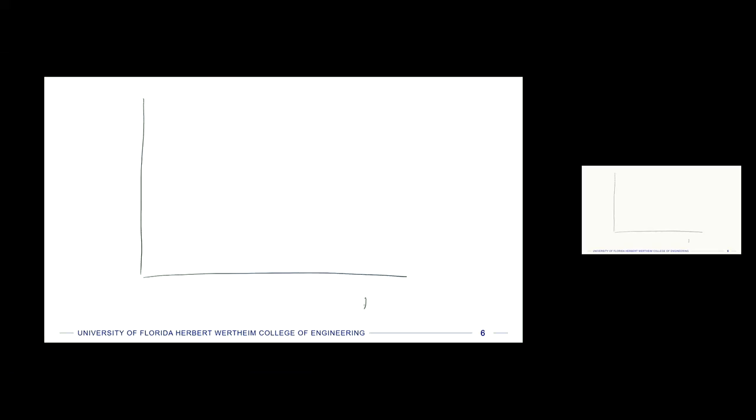Okay? So N is the number of cycles that have been experienced at a particular location on a component. And S is the stress amplitude that is experienced. So this is not the fully reversing stress range. This is just the amplitude.